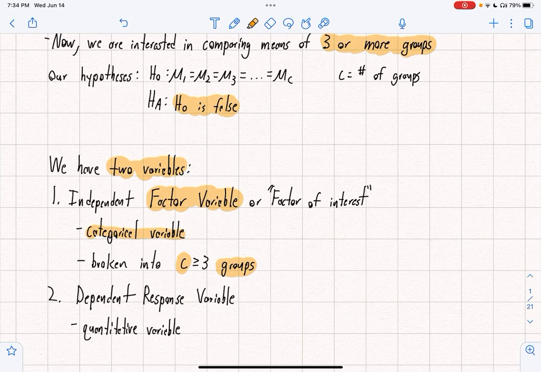And then we're actually going to be looking at a response variable, and it will be quantitative. So we'll be taking means of the response variable for each level of the factor variable. And what we're interested in determining is whether the means of the response change with respect to which level of the factor variable we are looking at.